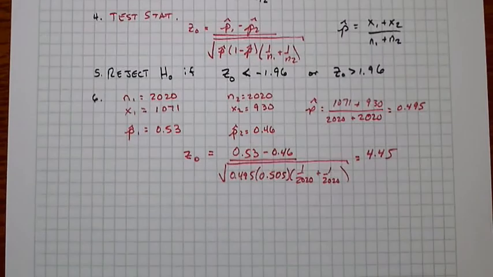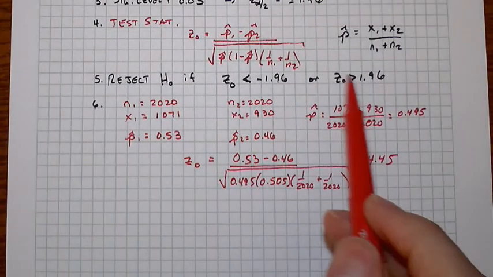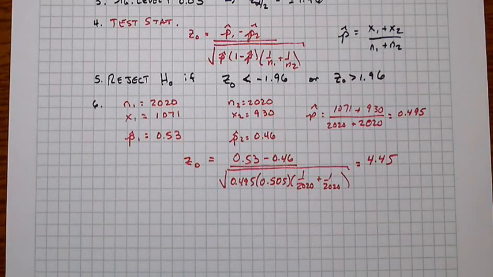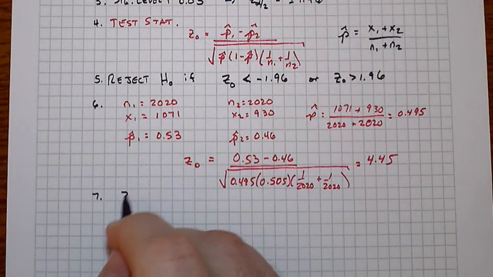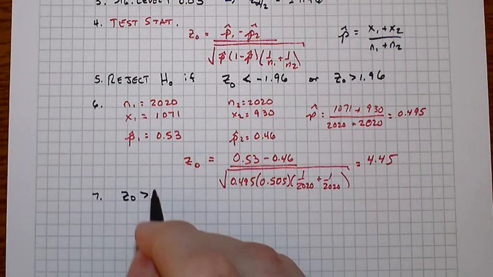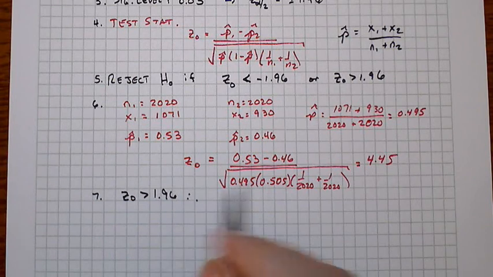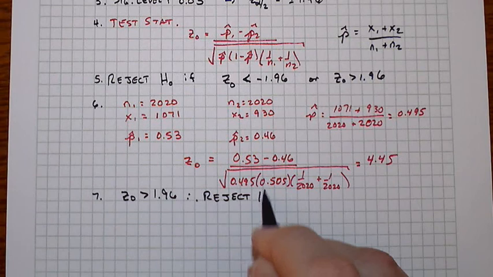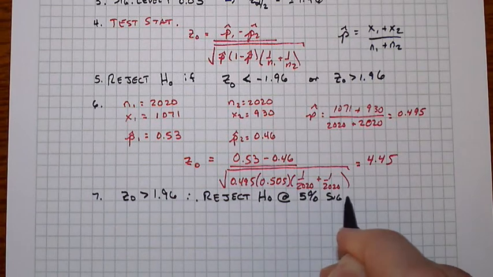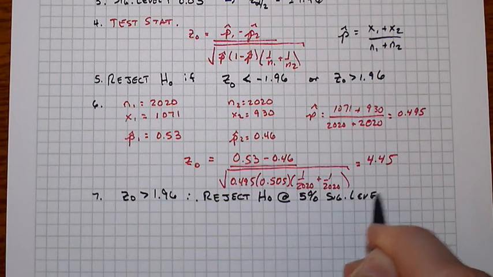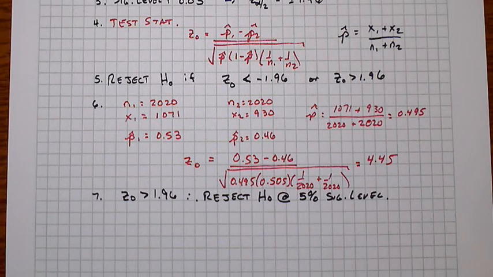Right, so we look at our rule here, that exceeds our criteria, so therefore we reject H naught at the 5% significance level and conclude that there is a significant difference at that 5% significance level between those two proportions.